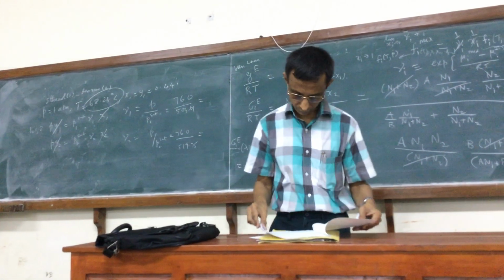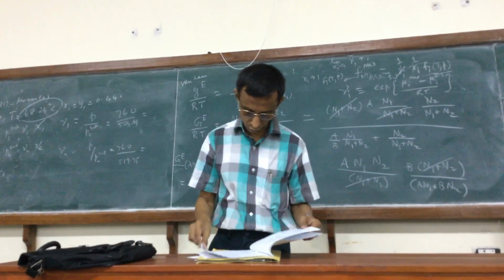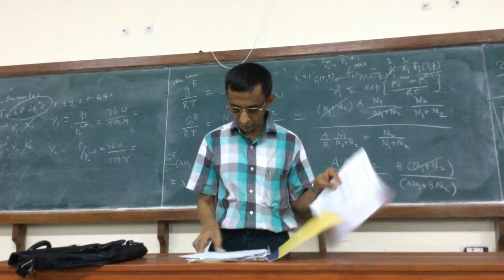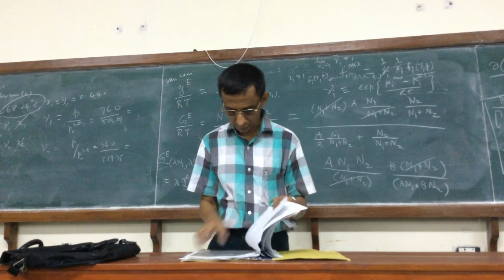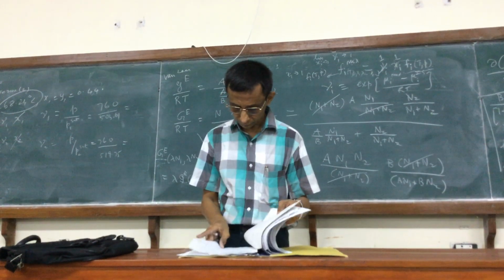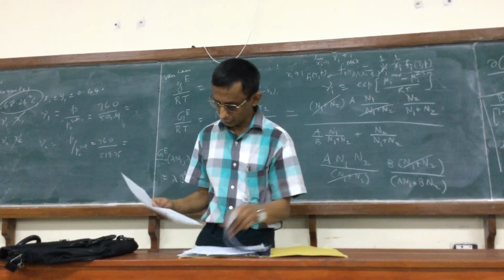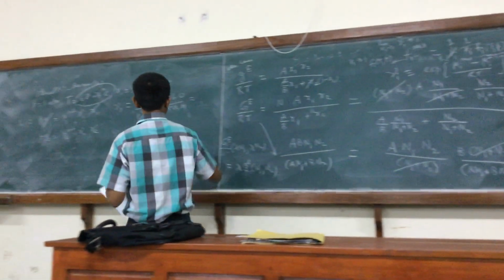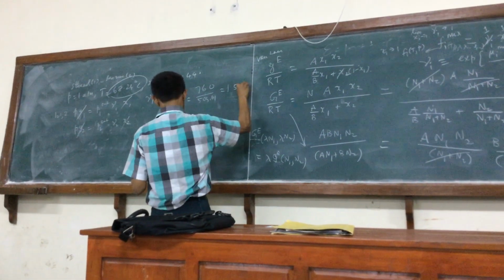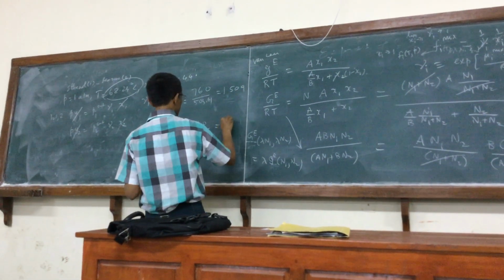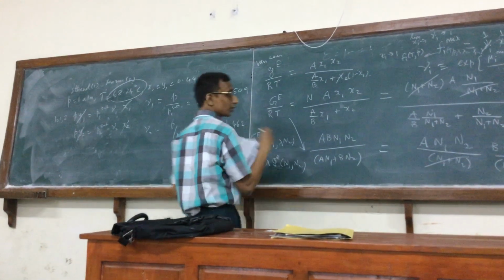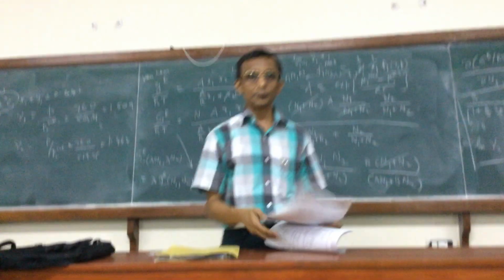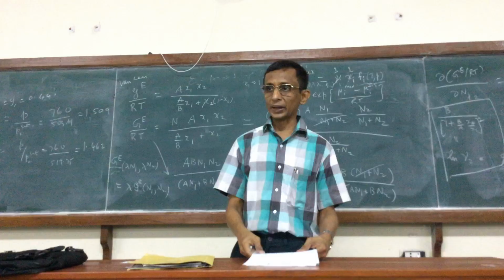Currently I don't have those values, so you can easily calculate and tell me. Oh, here it is: 1.509, and this is 1.462. We pointed out that the gamma being greater than one means positive deviation from ideality.